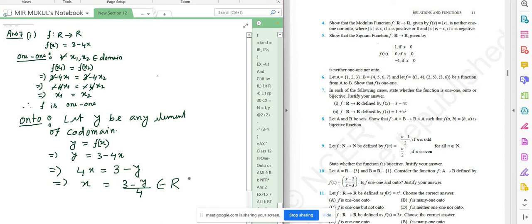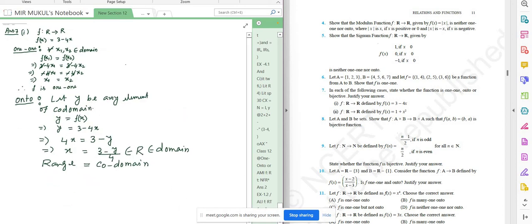It means this belongs to the domain. So we can say that range should be equal to codomain, because we have taken an arbitrary element of codomain, and we have shown here y has a pre-image. It means every element of codomain has a pre-image.